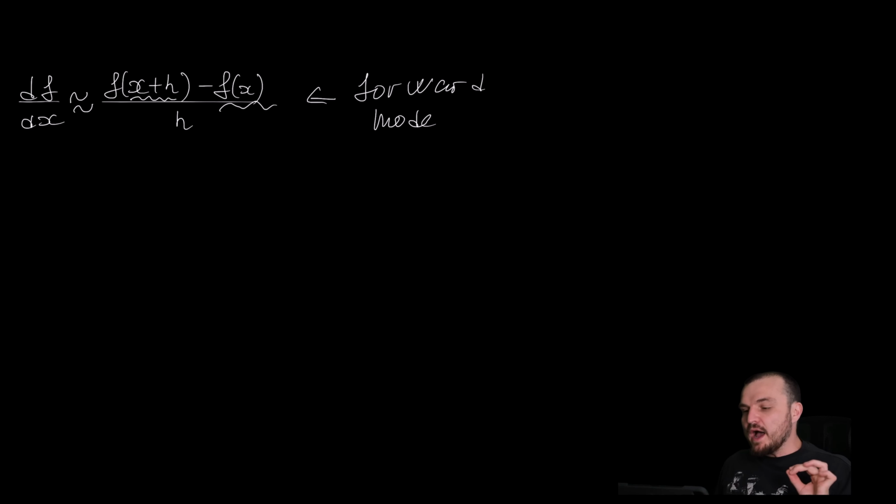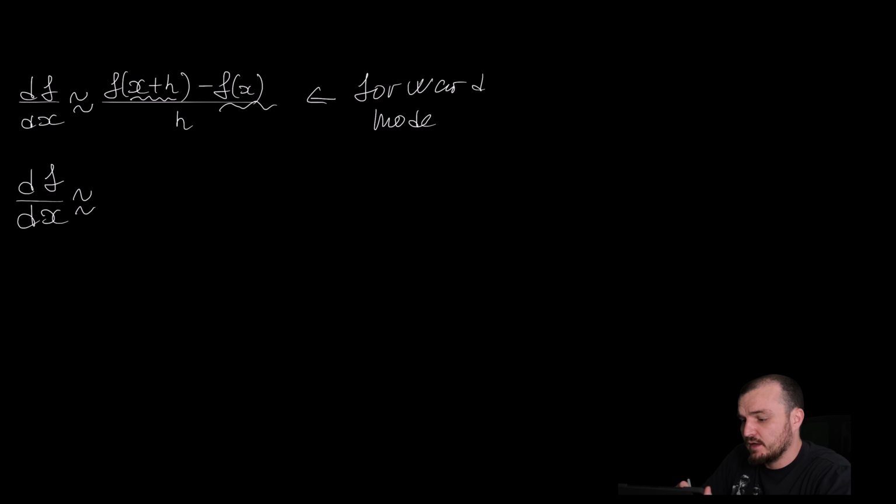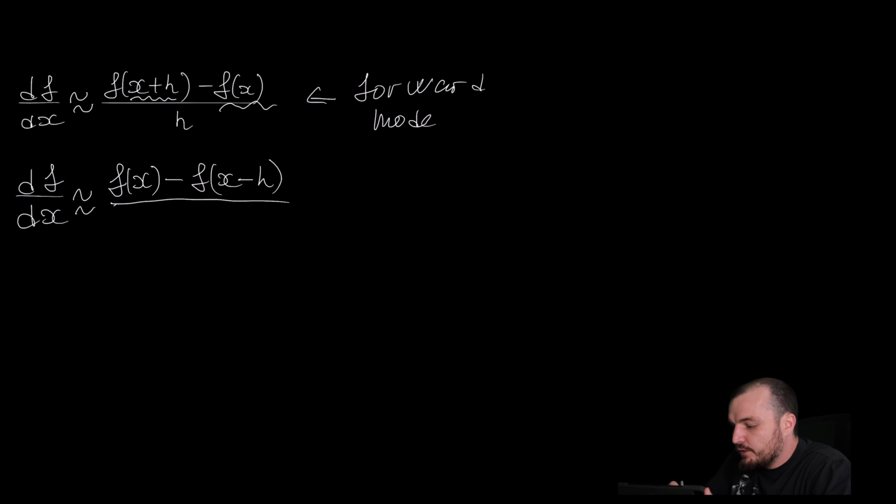We have one more way. It's called the backward mode. df with respect to x can be approximated as f of x minus f of x minus h over h.